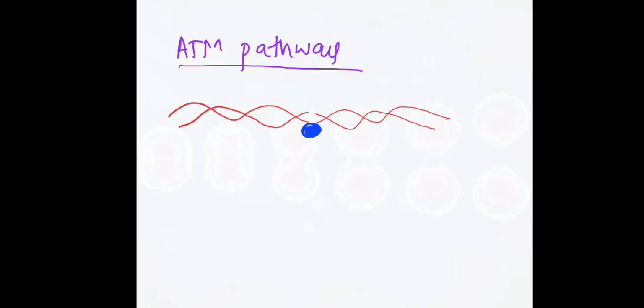The sensor of ATM is MRN. Just remember this MRN abbreviation. The MRN complex acts as a double-strand break sensor in the ATM pathway. Remember this also, MRN is a complex.